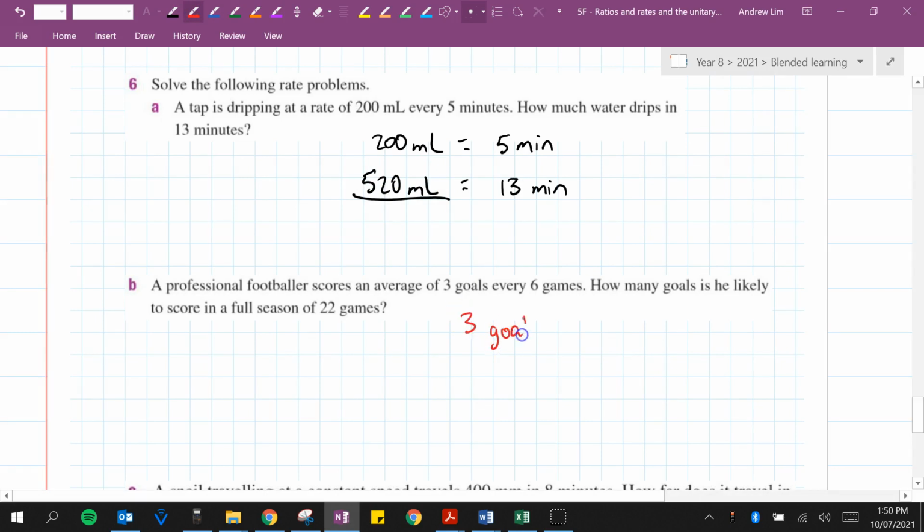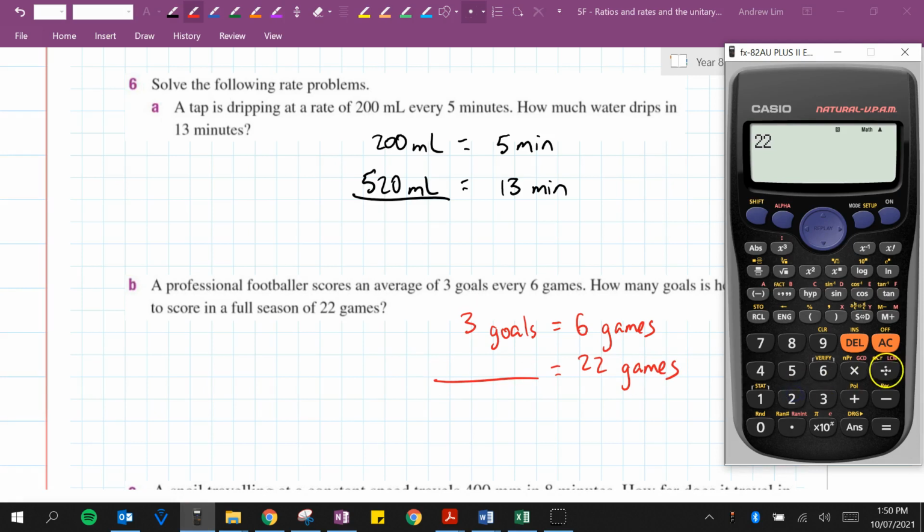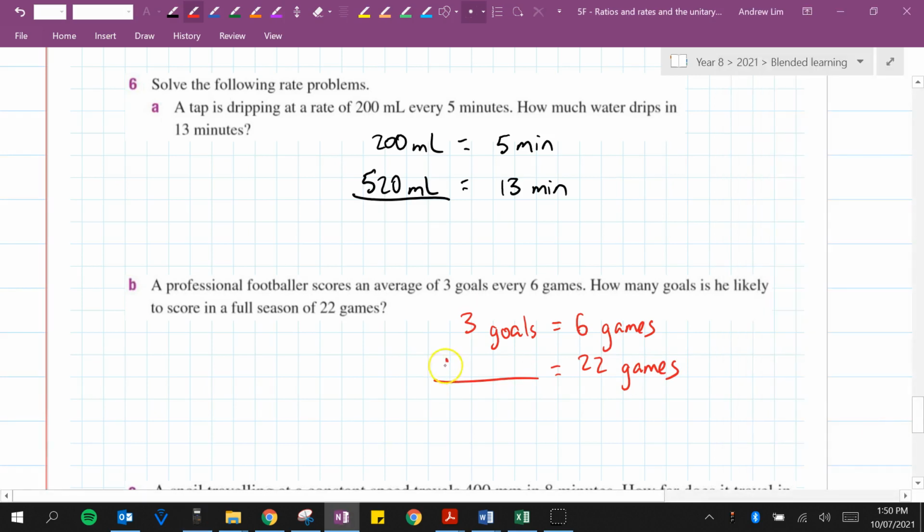Three goals, 6 games, 22 games, 22 divided by 6 times by 3 is 11.